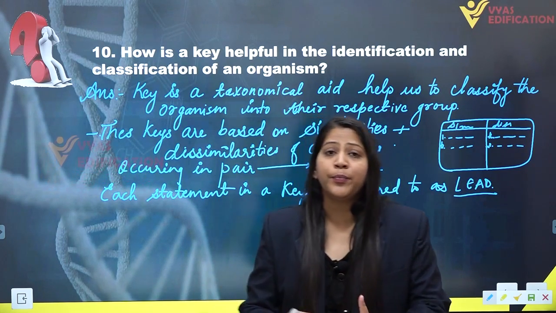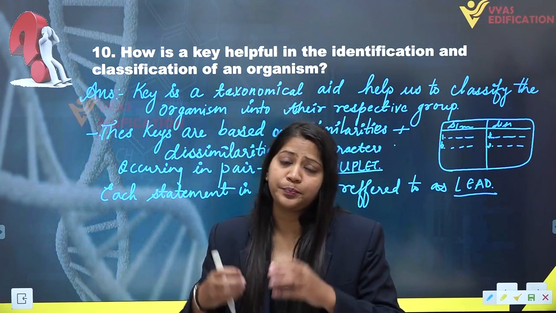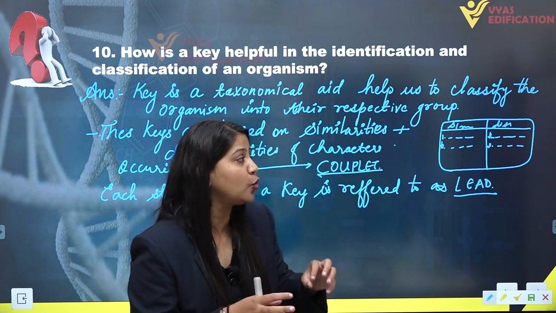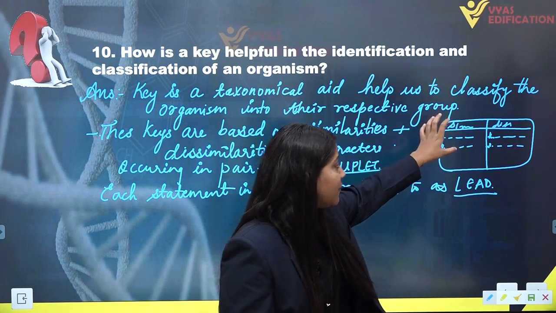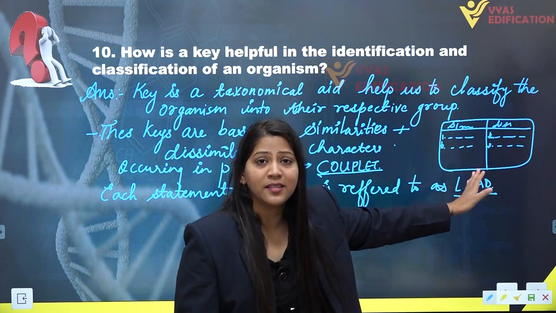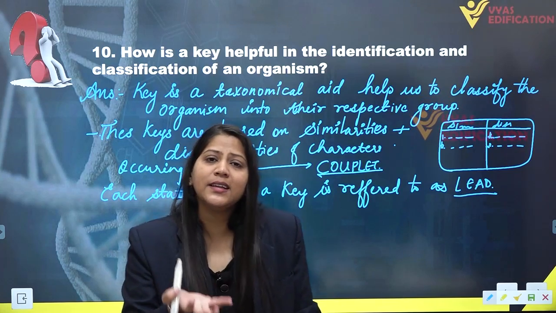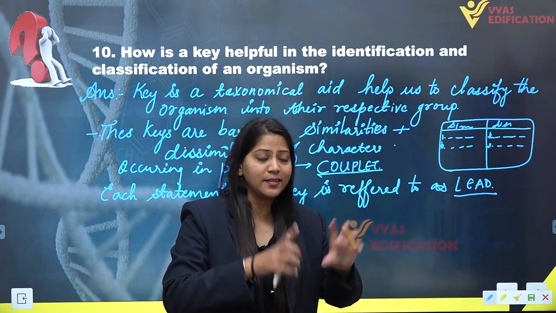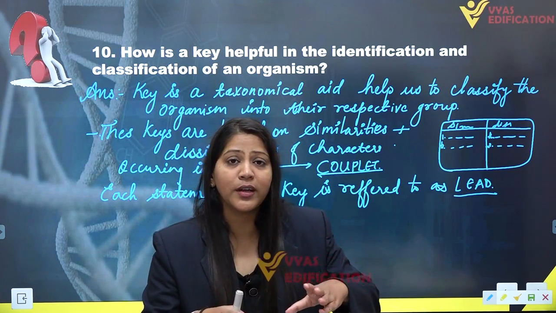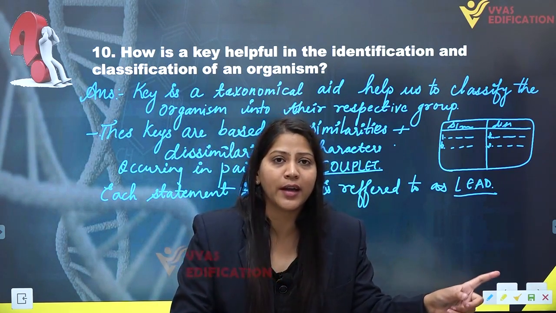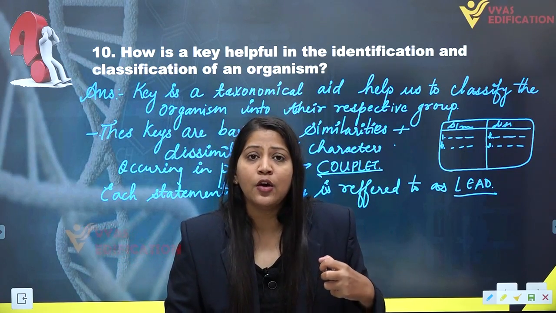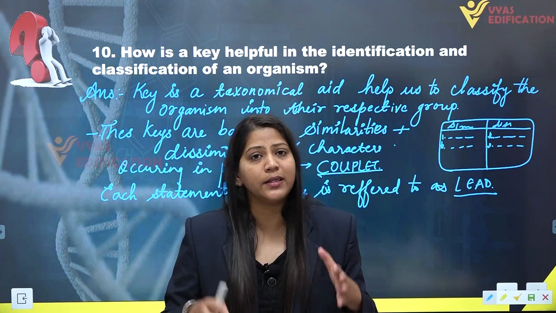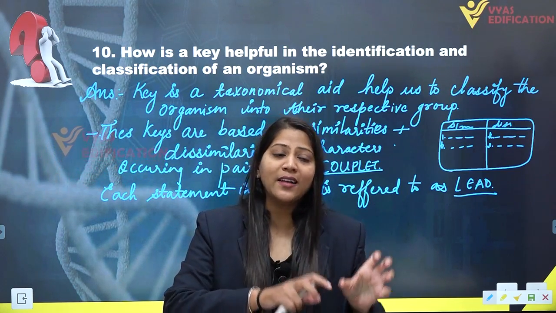Suppose we are discovering a new organism, we will see its characters, and we will match those characters with the similarities and dissimilarities given in the key. We will think that this organism is looking like, resembling that organism. We will find the key related to that particular organism, read the statements given in the key, and then match the characters.